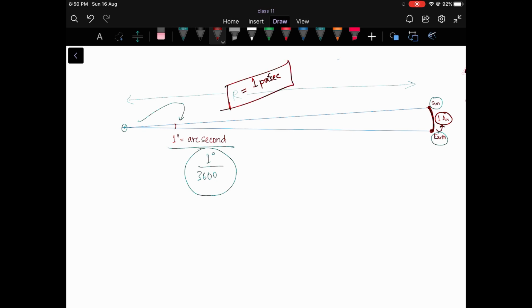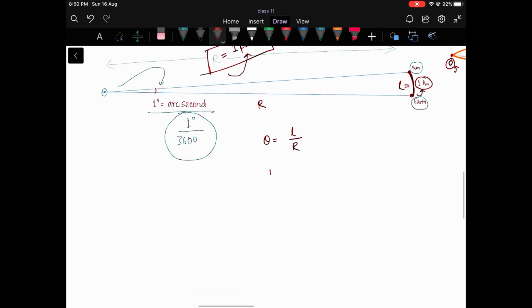Next, we simply calculate the value of this 1 parsec, which is the value of r, by using the formula theta equals arc length L divided by radius. Simply we write r is equal to L by theta. L is 1 AU, so we write 1 AU. Theta is 1 arc second, so we write 1 arc second.